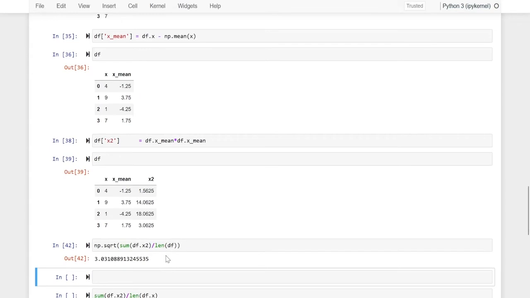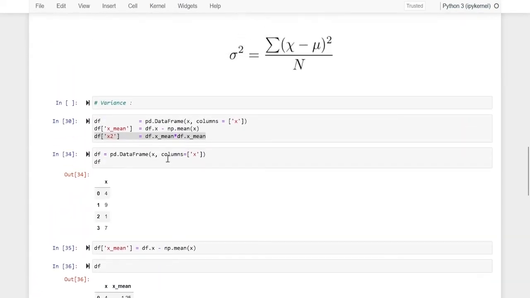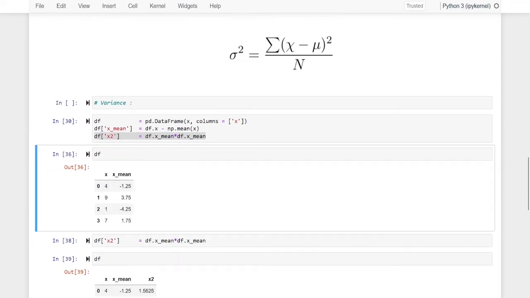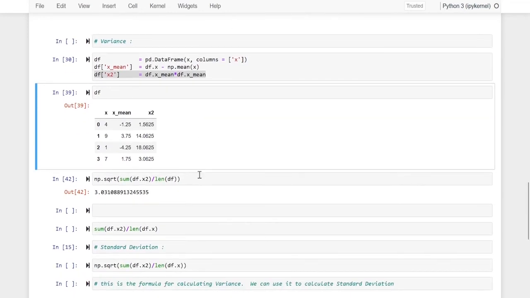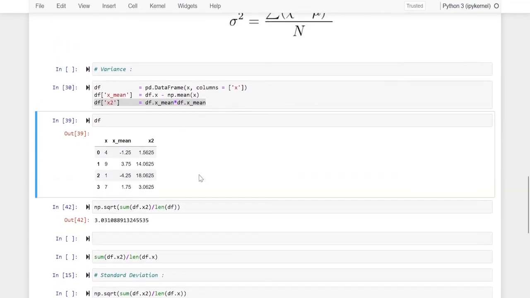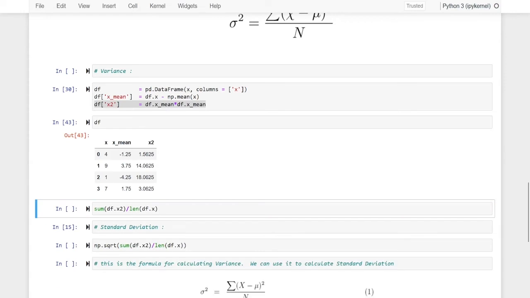So let us keep all the things. It is already there. Let me delete all of them, and we have all the calculation already done. So let me remove them. Okay, this is there. Okay, fine. Let me remove this as well.